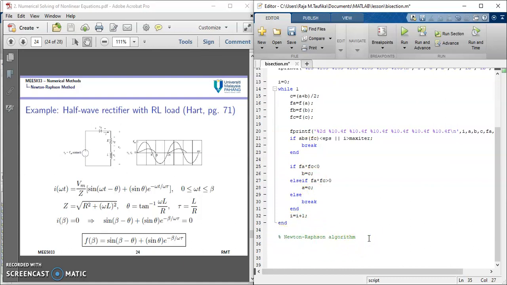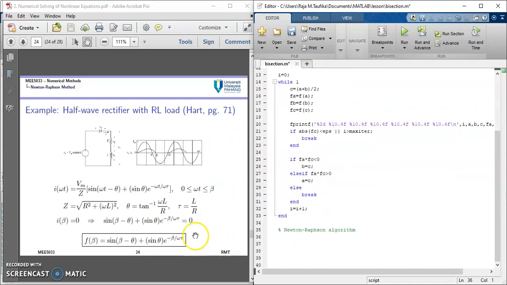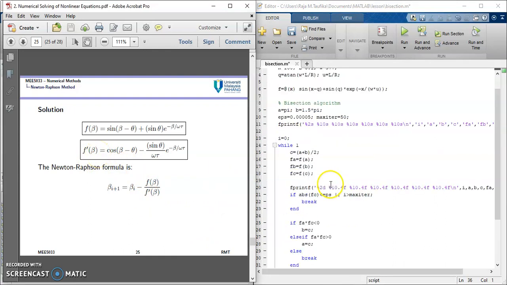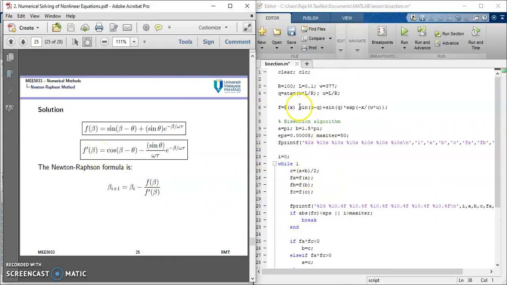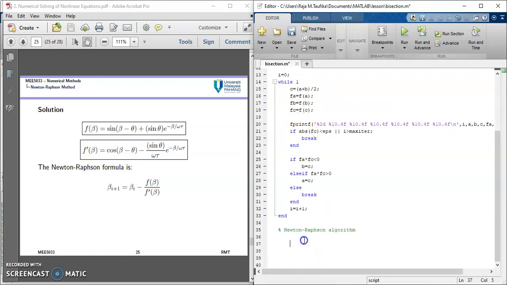Alright. The major difference between Newton-Raphson and the bisection, as I mentioned just now, is the derivative of the function, f prime. Of course, we require the function f, but also we require the f prime for beta.